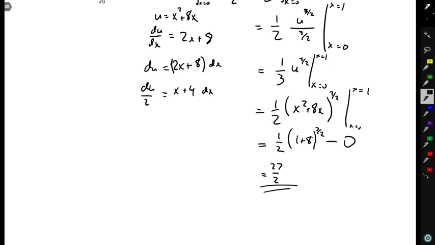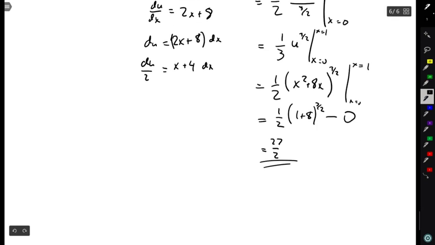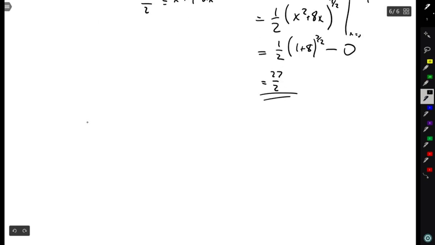And now for the second way of doing this. So we can start with our integral here from 0 to 1 of (x plus 4) root (x cubed plus x squared plus 8x) dx. We can go through the usual u substitution procedure.